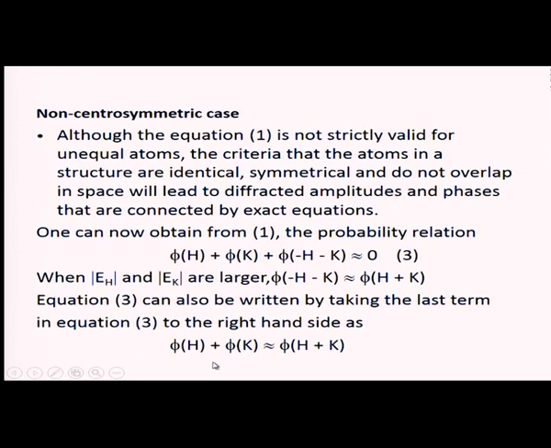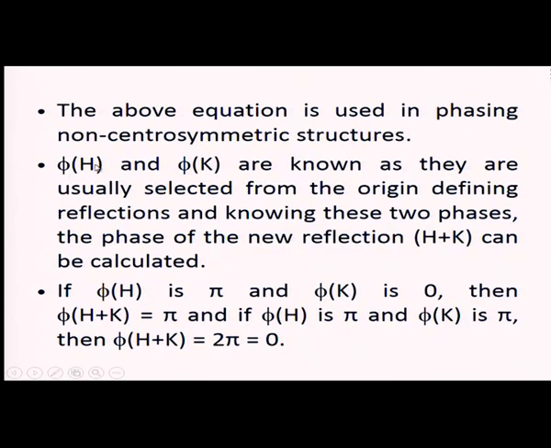Now, we are given another equation: knowing the phases of the h reflection and k reflection, add the phases to get the phase of the new reflection, that is all. Now, the second equation is used in the non-centrosymmetric case, as you know. This phi of h and phi of k are known as they are usually selected from the origin defining reflections, and knowing these two phases, the phase of the third reflection h plus k can be found.